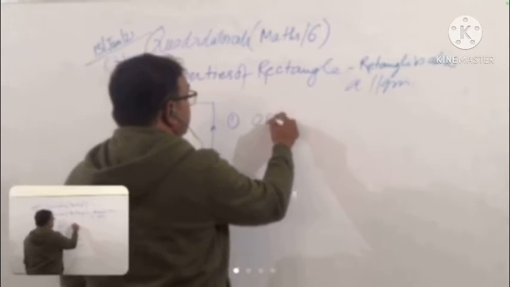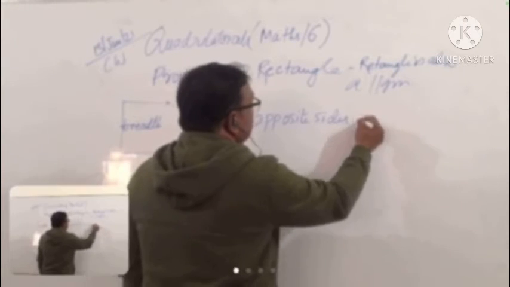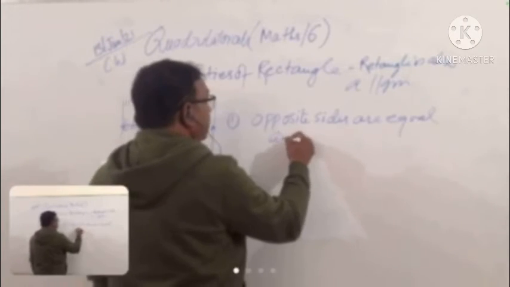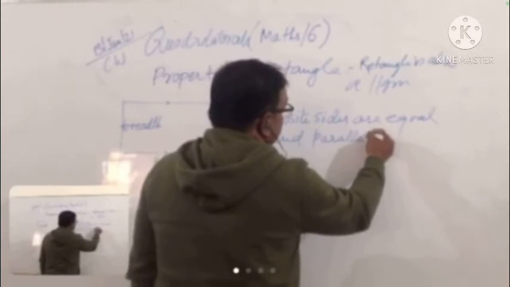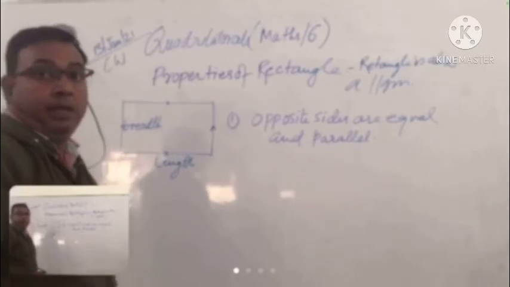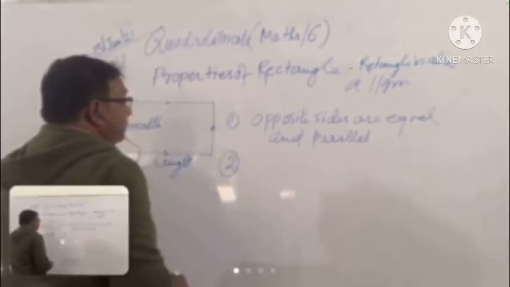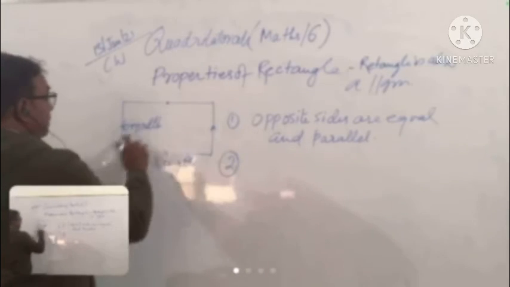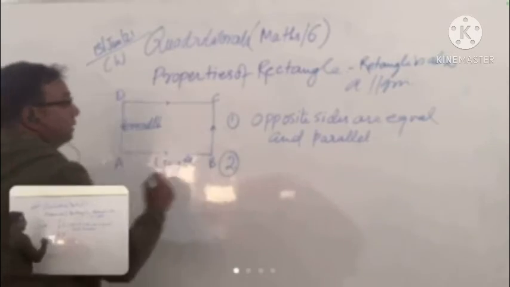Now the first property of a rectangle is that opposite sides are equal and parallel. It means AB is parallel to CD and BC is parallel to AD.